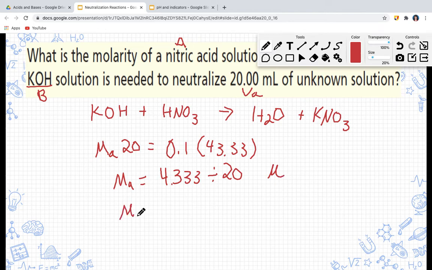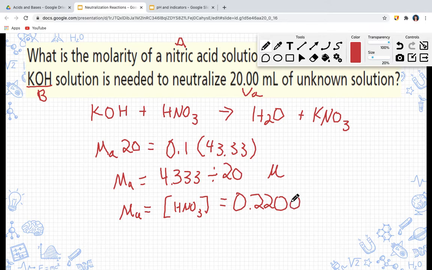So type that into your calculator, 4.333 divided by 20. Oh, that is the same answer as last time. Sorry, I got very confused.